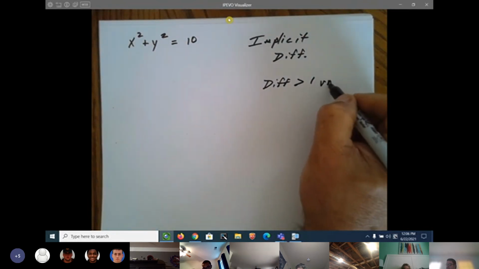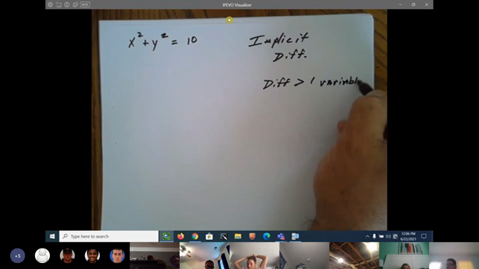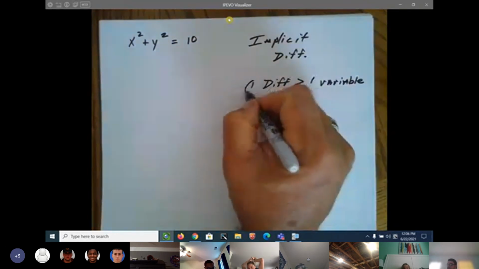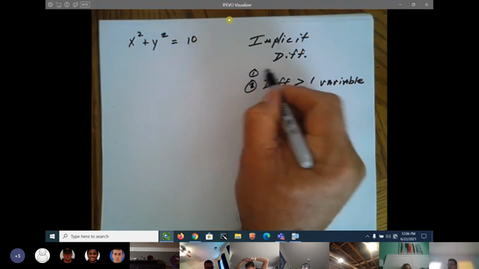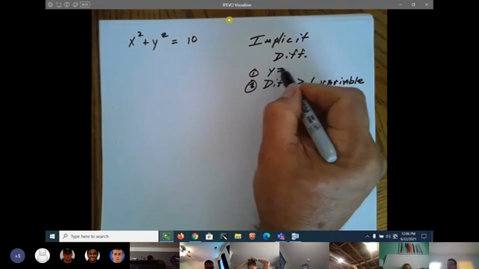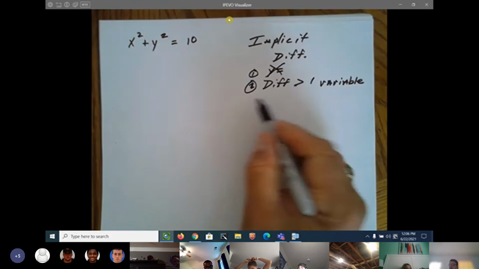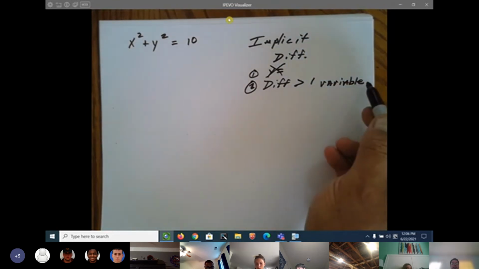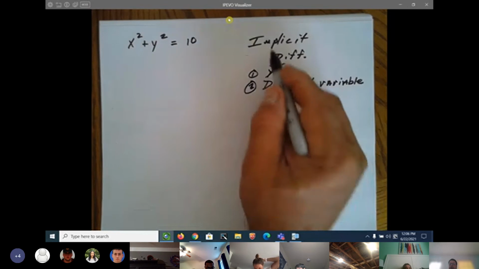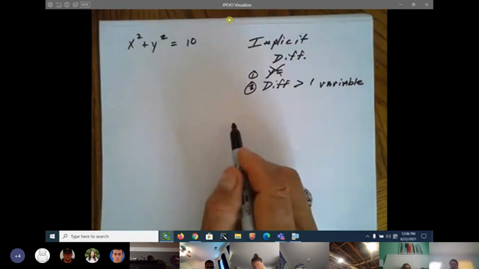Okay, write that down, more than one variable. And you're also doing it because you don't have anything to solve for. There's no y equal. So that's when you use implicit differentiation.